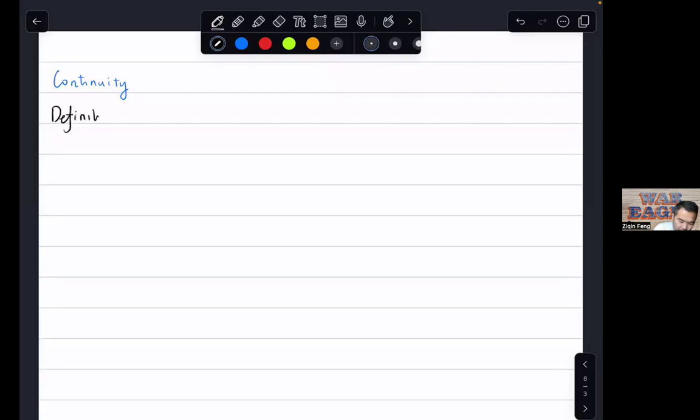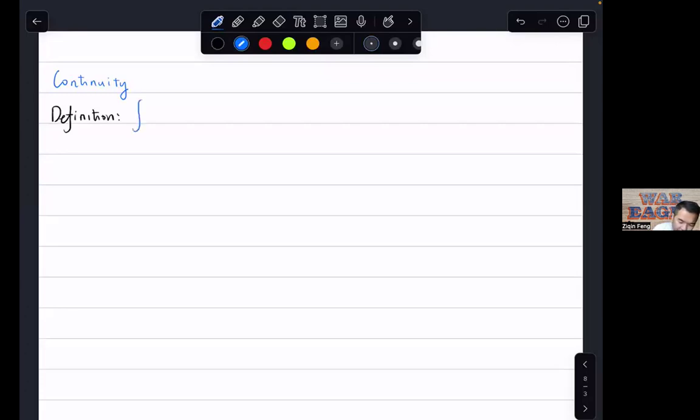Definition. Like the left limit and right limit, sometimes our function behaves well on the right side of a number; we call that right continuous. So it is a very natural way to extend being continuous.